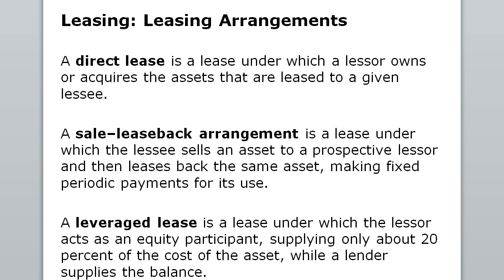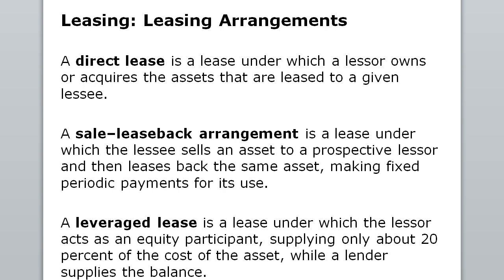Now, a leveraged lease is a lease under which the lessor, the owner of the asset, acts as the equity participant. So they supply about 20% of the cost of the asset while the lender supplies the balance. This would be something like Disney did. Say you wanted to buy an apartment building, you could put 20% down, borrow the rest on a mortgage, and then lease out the units.